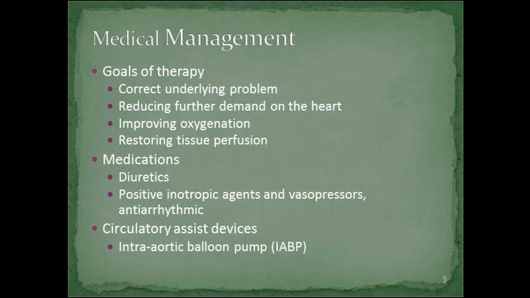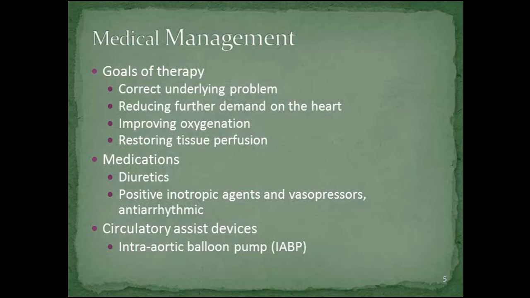Initially, the blood pressure might be very high. You might need vasodilators. You might need nitroglycerin to reduce afterload and help efficiency of the heart. But if it progresses far enough and the patient becomes sick enough, you're going to begin to see the blood pressure drop, and we won't be able to use things like nitroglycerin anymore. We'll have to shift over to vasoconstrictor medications such as dopamine or Levophed, something like that, to maintain that vascular constriction.